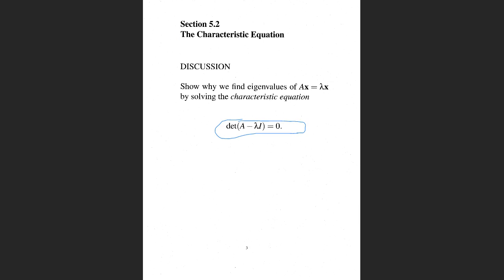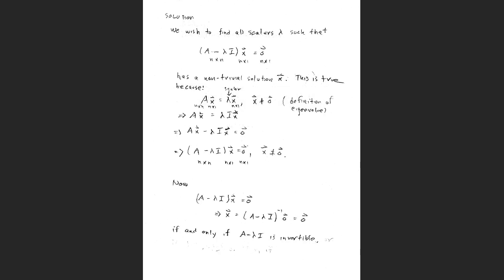I wrote down this characteristic equation, and then in the proof, I say we wish to find all scalars such that A minus lambda I times the vector X equals 0, such that this matrix equation has a non-trivial solution X.